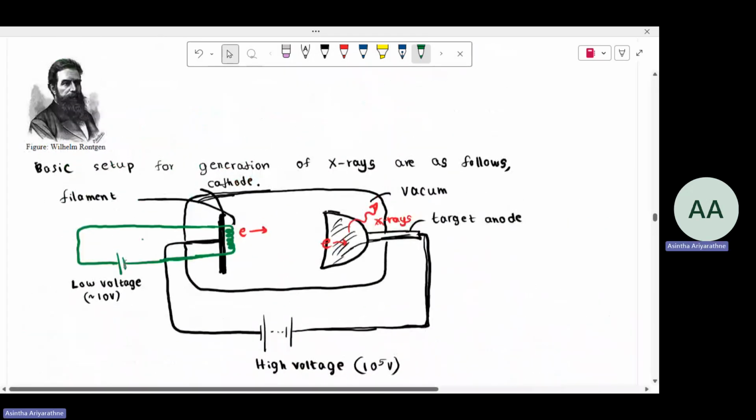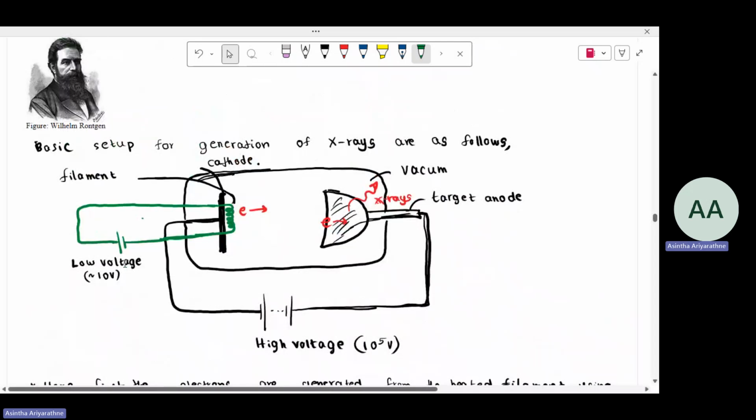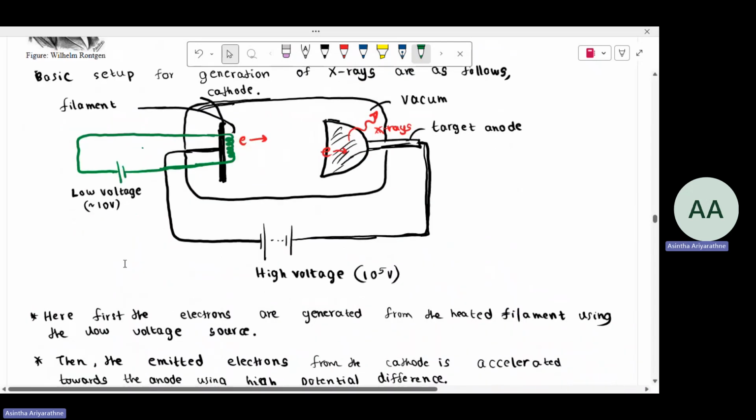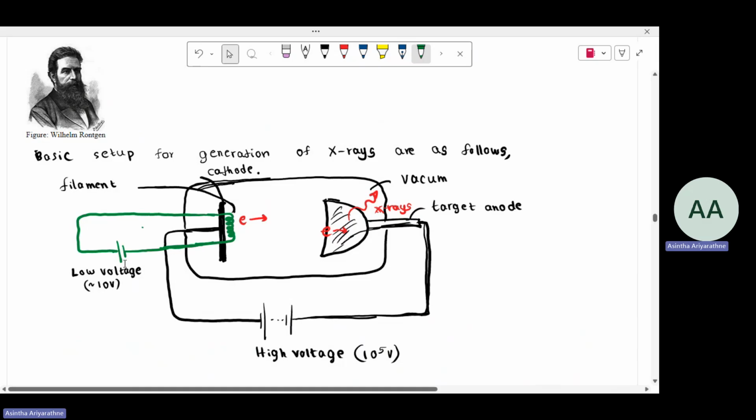The generation of X-rays: basically, electrons are generated using a low voltage and directed towards the target anode, and when the highly accelerated electrons hit the target anode, X-rays are generated.